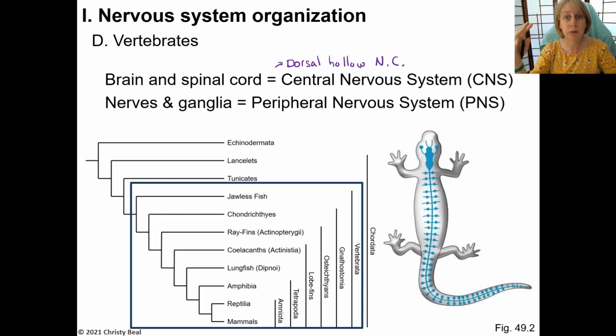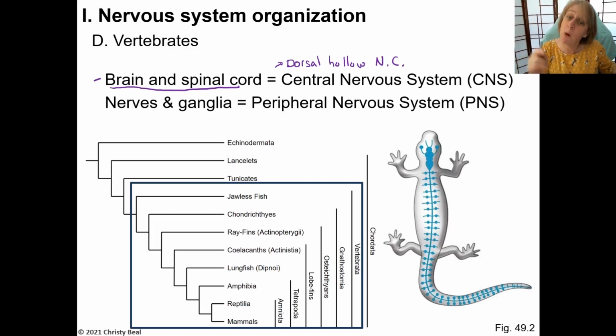The peripheral nervous system extends from the central nervous system. It is where all of the receptors and ability to respond is. And I want to look at this a little bit because for us, the brain and the spinal cord is very much about storage and processing of information. The nerves and ganglia in the peripheral nervous system on the sides is about receiving information and activating a response.